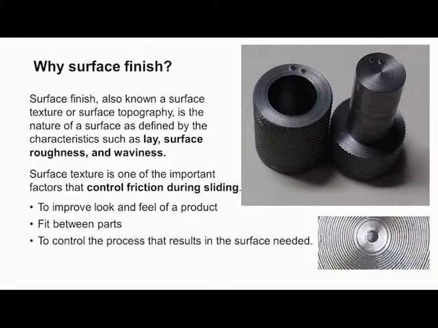In some cases where there are sliding parts, for example machine tool guideways or bearing surfaces, we need to have very fine and smooth surface so that the frictional forces are reduced, and in some cases we need to have somewhat rough surface. For example, in the cases of mating parts which are not to be moved, there is no sliding between two mating parts, for example parts in interference fit.